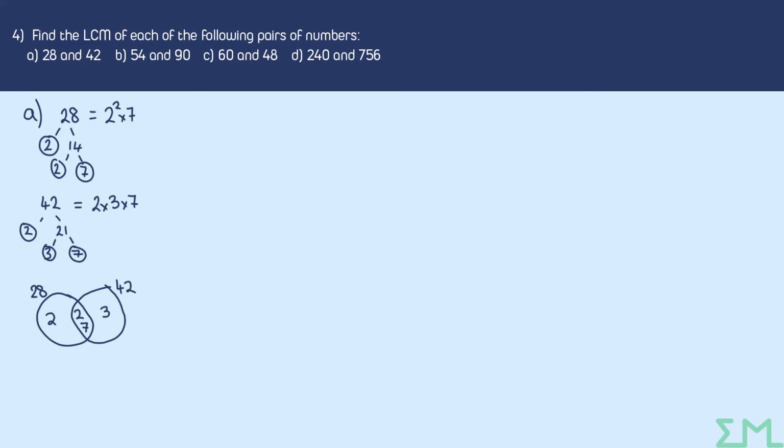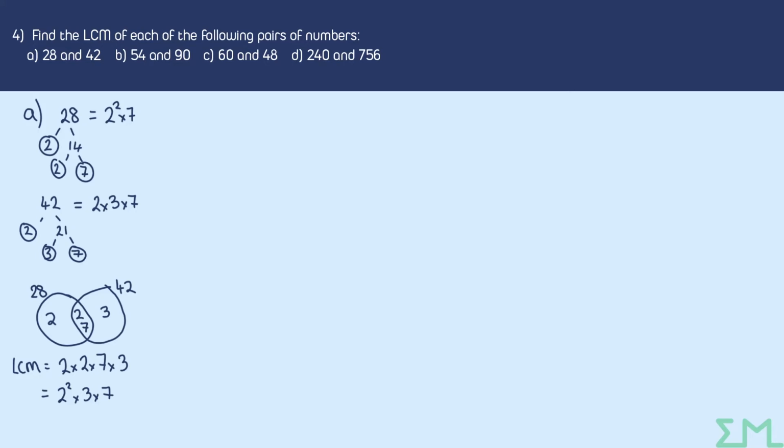Now that we've done our Venn diagram, to work out the lowest common multiple, we just need to multiply every number that appears in our Venn diagram together. So the LCM will be 2 times 2 times 7 times 3, which we can write as 2 squared times 3 times 7.